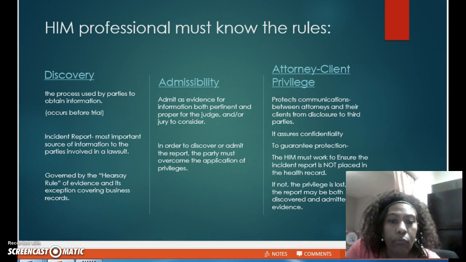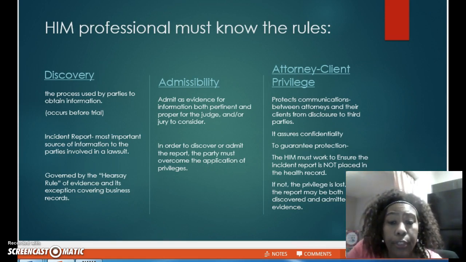Admissibility, admit as evidence information both pertinent and proper for the judge and or jury to consider. So admissibility is admitting the incident report as evidence for information that's pertinent for the judge and or the jury to consider.